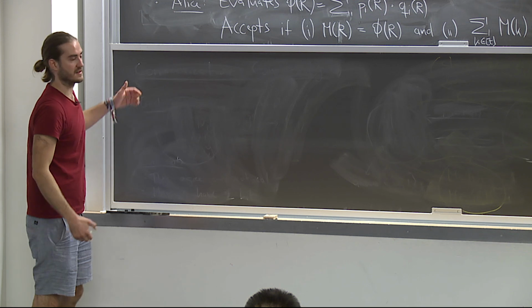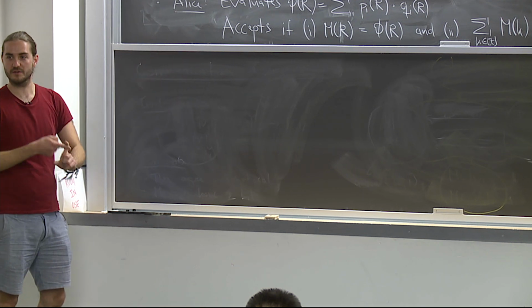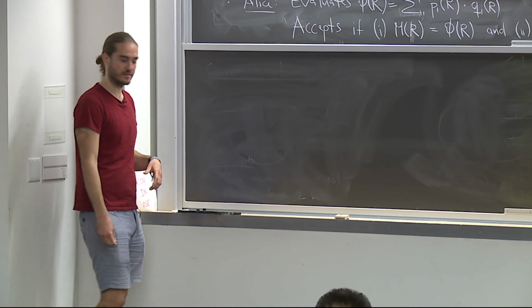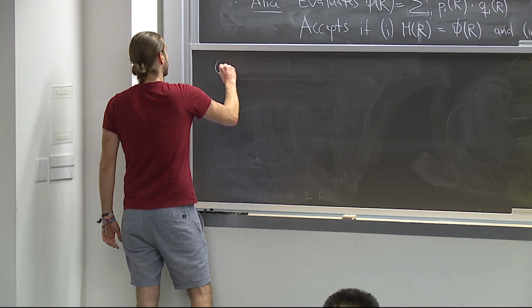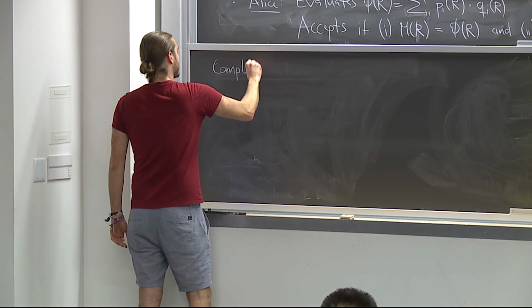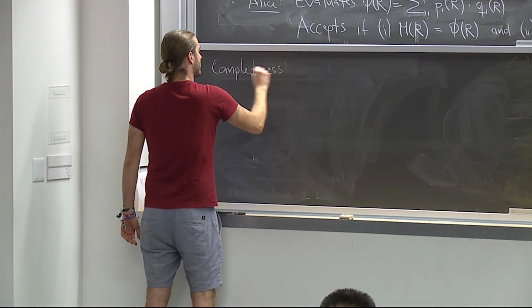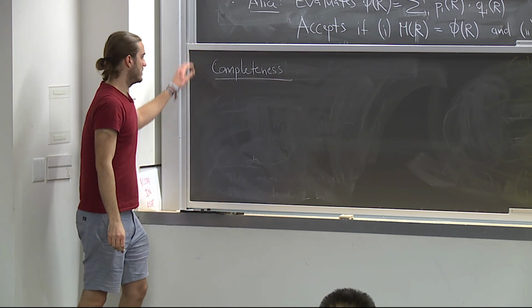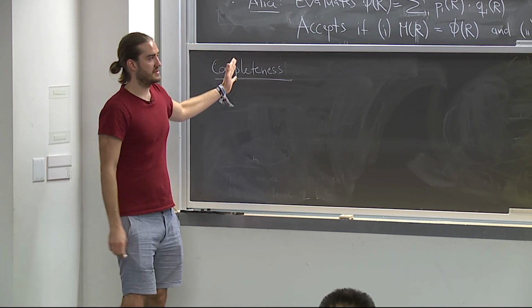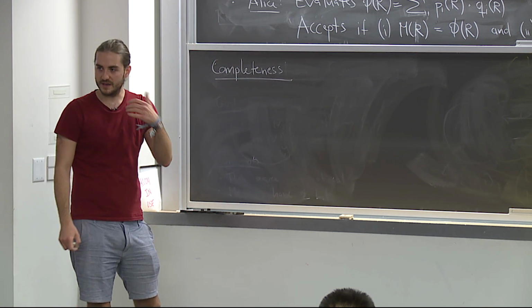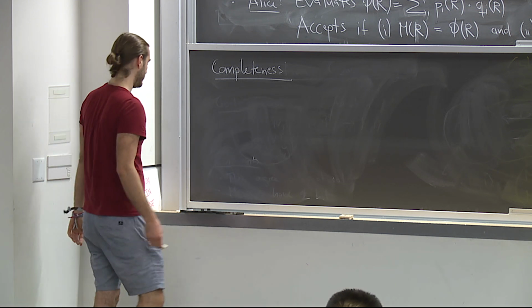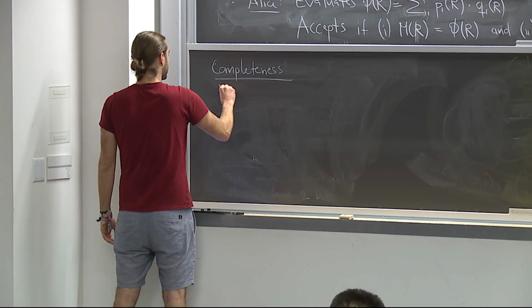Well, we have to prove three things. On the one hand, we have to prove completeness and soundness, and we have to give an upper bound to the parameters. Let's start with completeness. Completeness says if the inner product is actually 0, then there is some good advice by Merlin which makes us accept. So what should Merlin send?